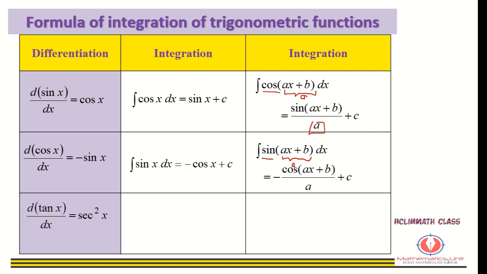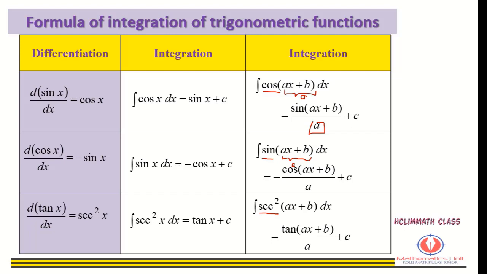Finally, the differential of tangent x gives us secant square x. Therefore, the integral of secant square x gives us tangent x plus c. So if we have secant square ax plus b, when we integrate it, we know the integral of secant square gives the function tangent.